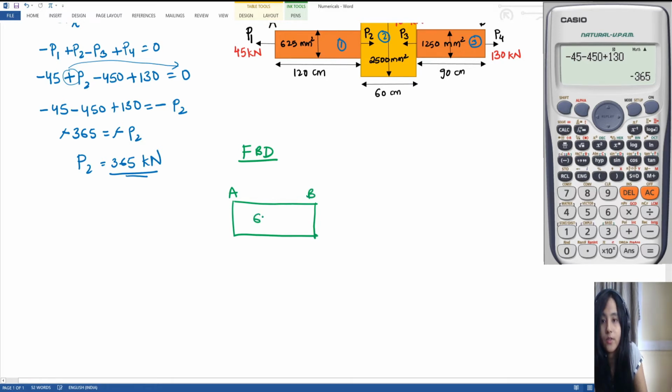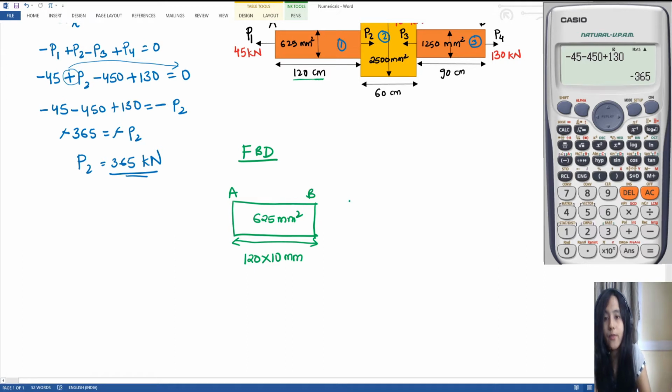Its area is 625 mm square. Here the length is in centimeter, and I want to convert it into mm, so it will be 120 into 10. When I multiply it with 10, the centimeter is converted to mm.